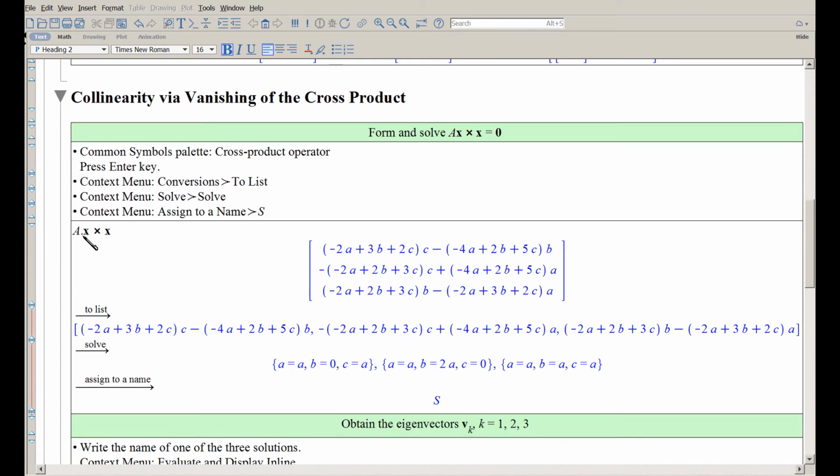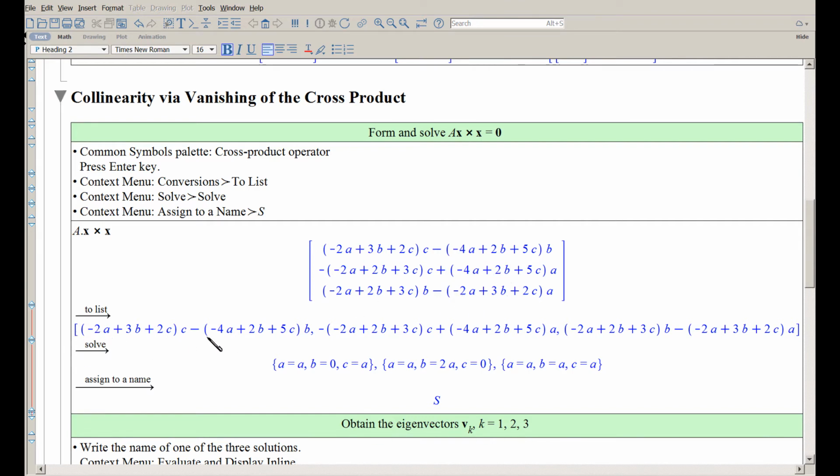Here is AX cross X. That's what this vector is. For this to be the 0 vector, all 3 of these expressions, component, component, component, have to be 0.